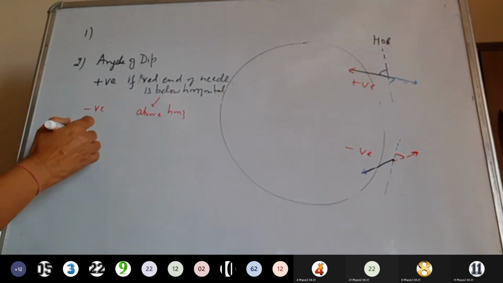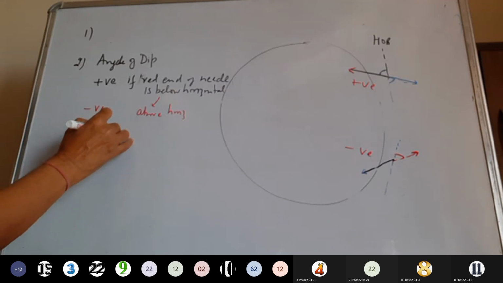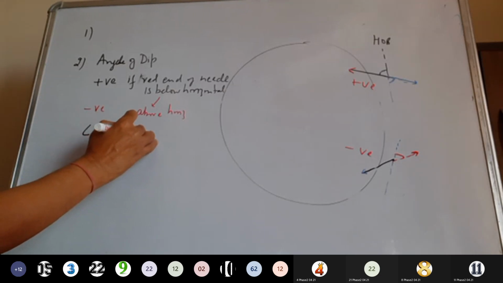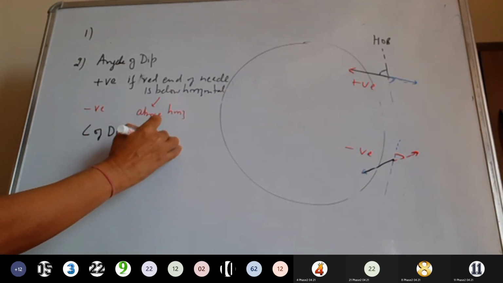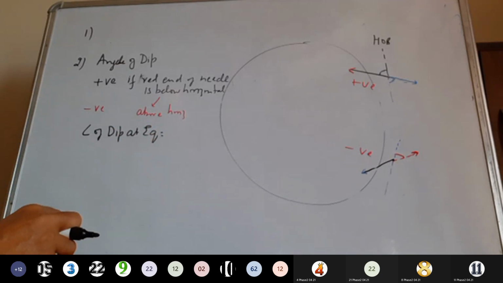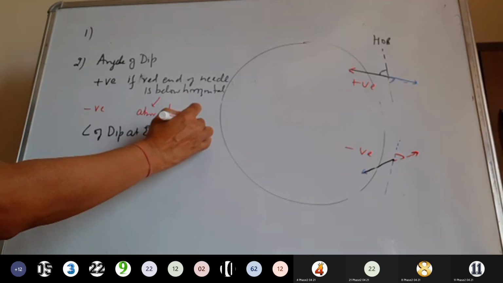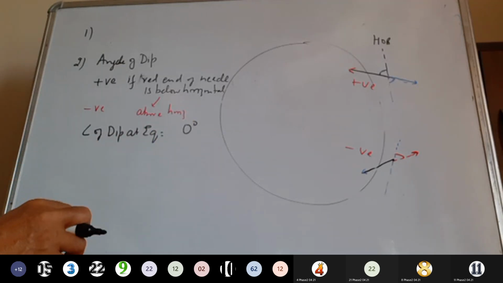So if we talk about the angle of dip, what will be the angle of dip at the equator? Sir, 0, sir. Correct. So angle of dip at the equator will be 0 because the direction of the Earth's magnetic field is horizontal at the equator.